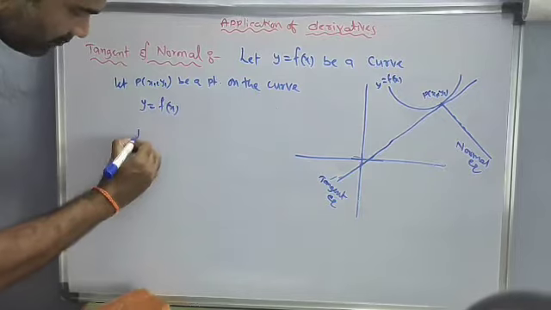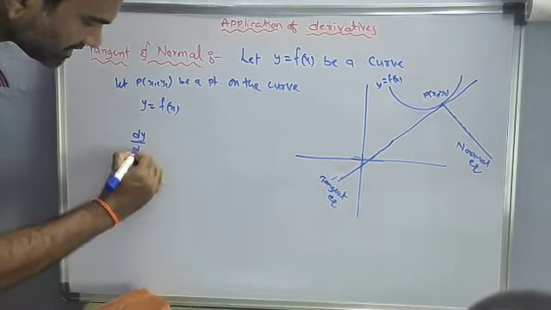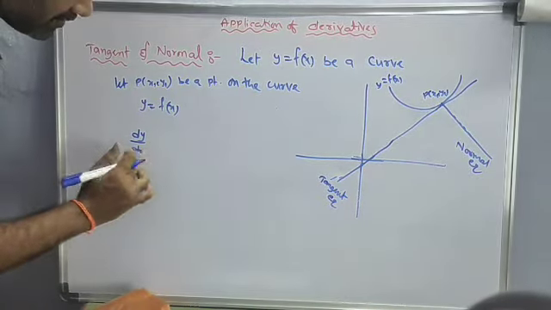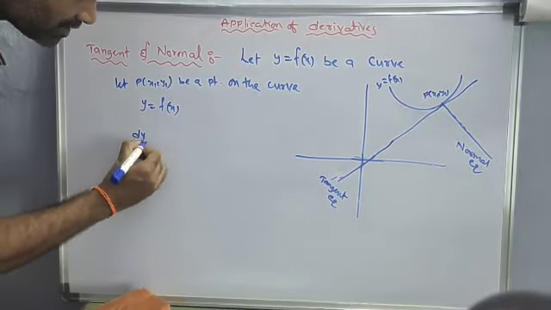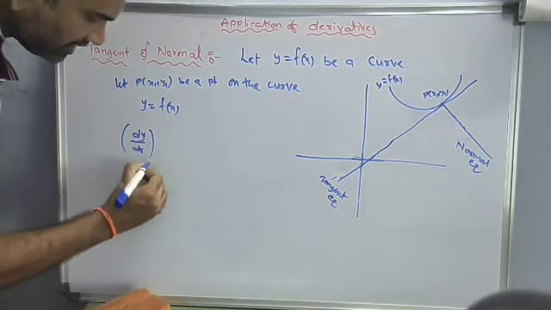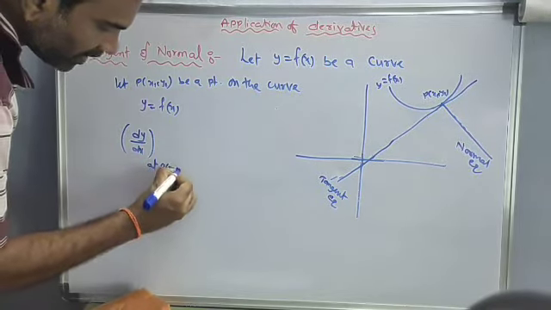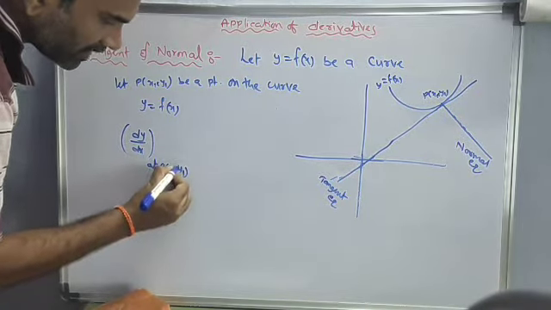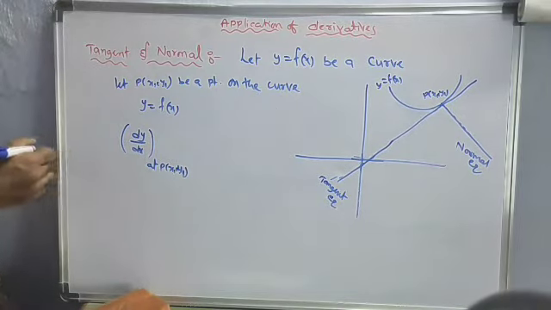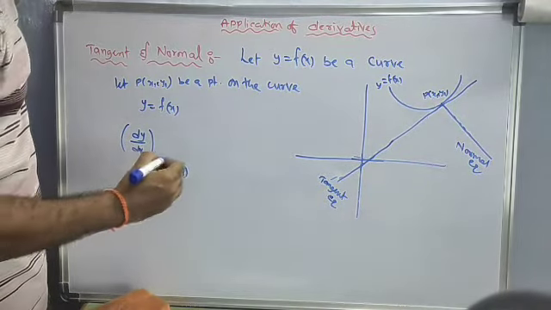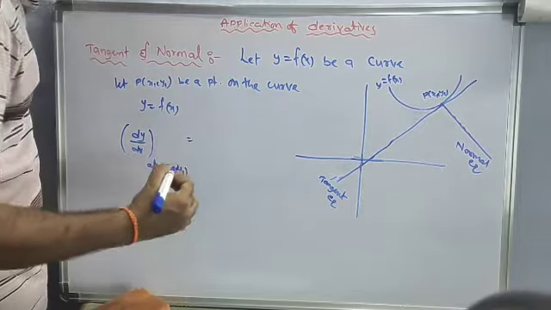Suppose we find dy by dx, that means the derivative of y with respect to x. At the point P(x1, y1), after finding the derivative, we put x1 in the place of x and y1 in the place of y.